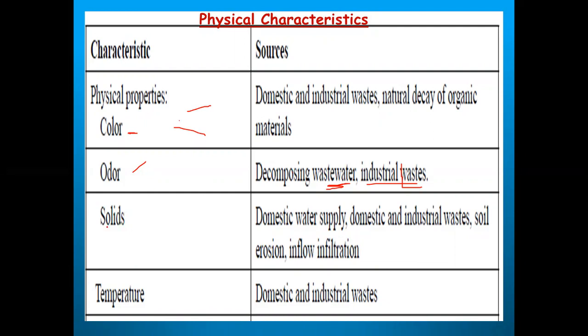Next, solids. Here the sources are the domestic water supply, domestic and industrial waste, soil erosion, and inflow infiltration. These are the solids which are suspended or dissolved. Next, temperature. Generally sewage wastewater will be at a higher temperature when compared to the normal inflow water, because of the chemicals and organic materials and the decomposition that takes place.